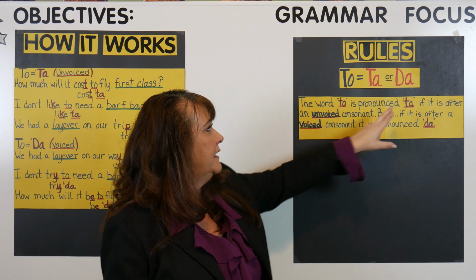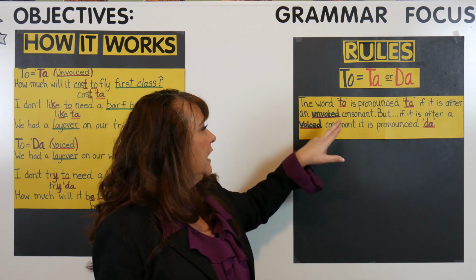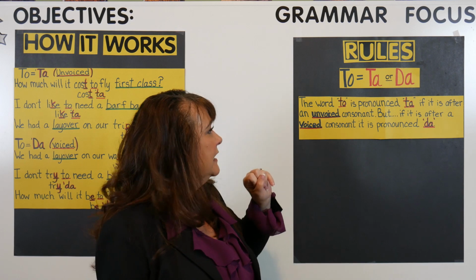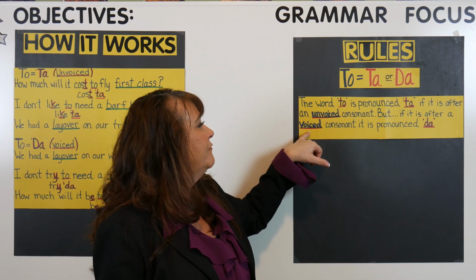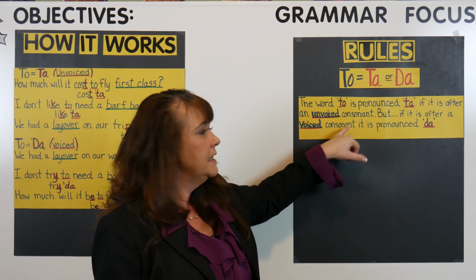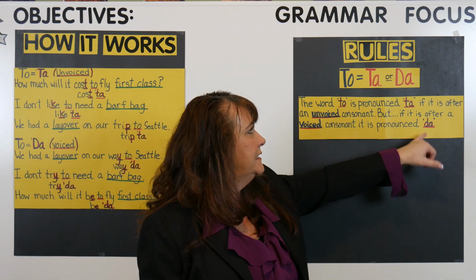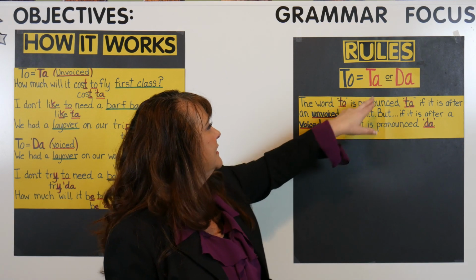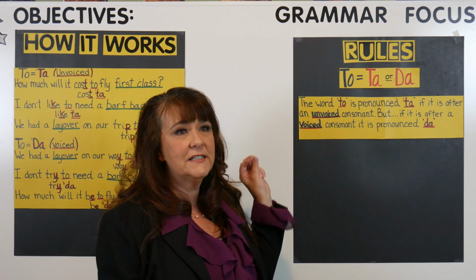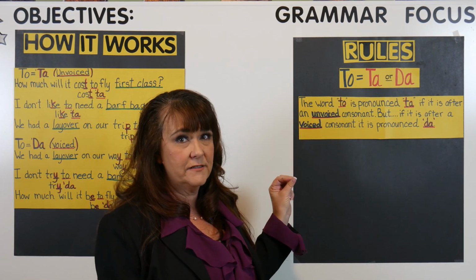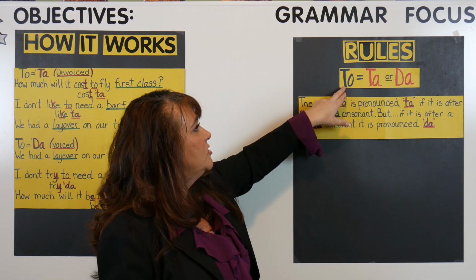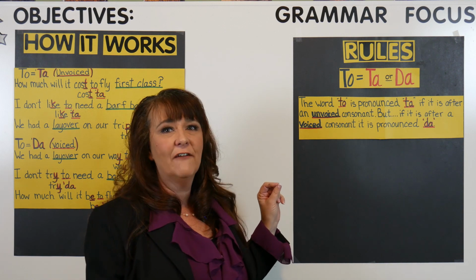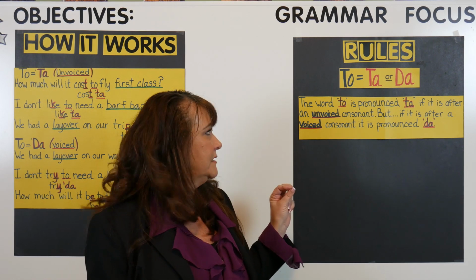Just remember that "t" follows an unvoiced consonant. But if it is after a voiced consonant, it's pronounced "duh". So, "to" becomes "t" if it's after an unvoiced consonant, and "to" becomes "duh" if it's after a voiced consonant.